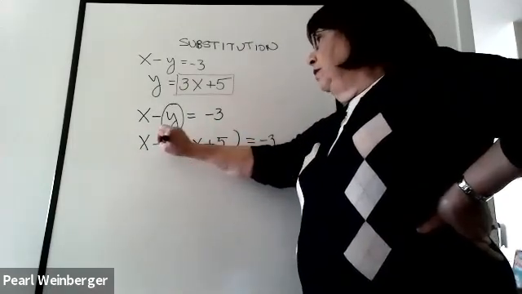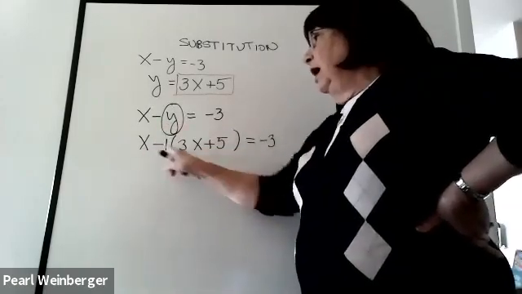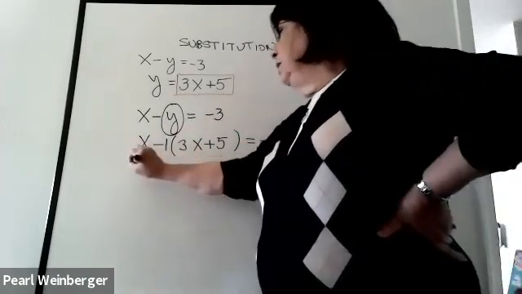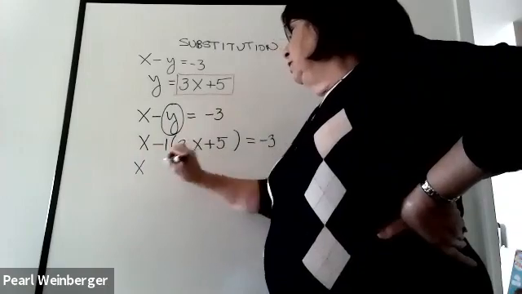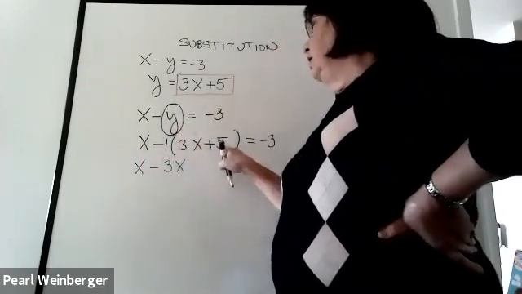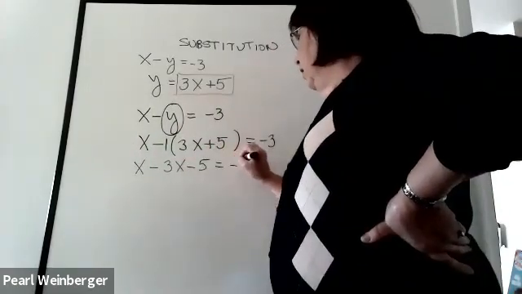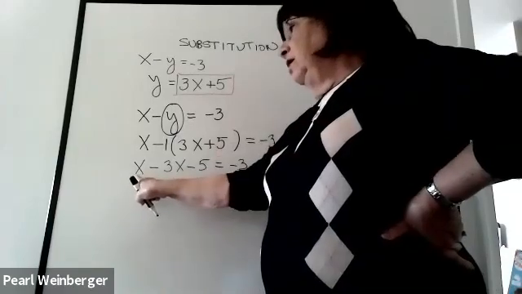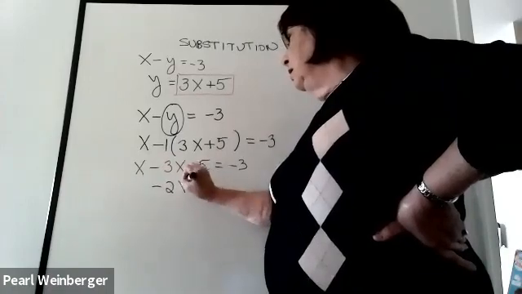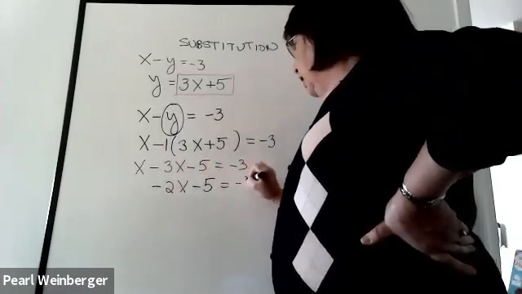Don't forget when you have a minus in front of a parentheses, it's as if there's a 1 there, and you're going to multiply everything by -1. This will be x. -1 times 3x is -3x. -1 times 5 is -5 equals -3. Combining the like terms, x and -3x is -2x. -5 equals -3.